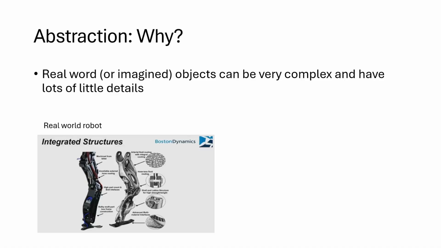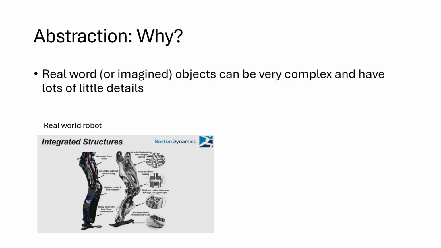For example, this is a diagram of a real robot leg from a robot from a company called Boston Dynamics. You can see there's lots of little intricacies about the structure of the inside of the material. It has lots of little joints and hydraulic tubes. Well, I think they're hydraulic, but tubes, actuators, and lots of circuitry going on.